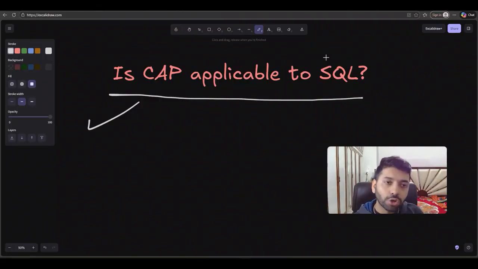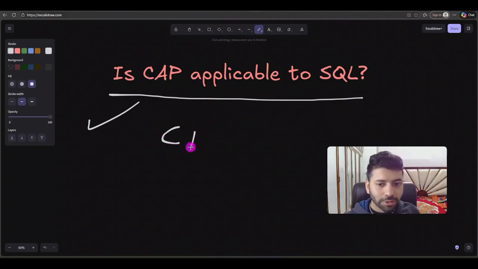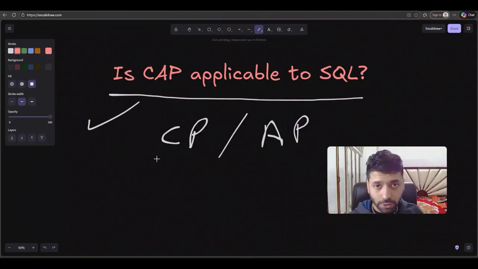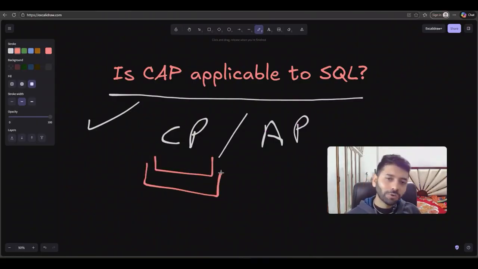Which means in a distributed SQL system, you can provide either CP or AP. Same is the case for NoSQL. But generally when we talk about SQL systems, strong consistency is preferred, so generally it would give more preference to CP instead of AP.